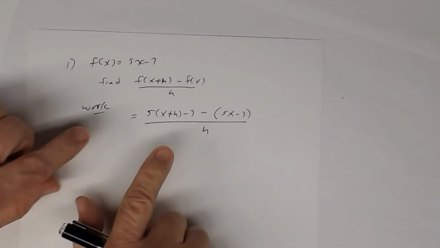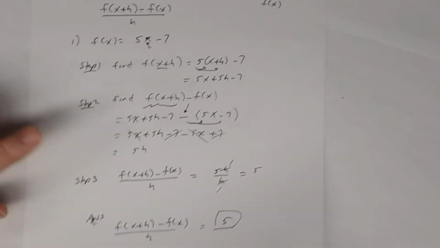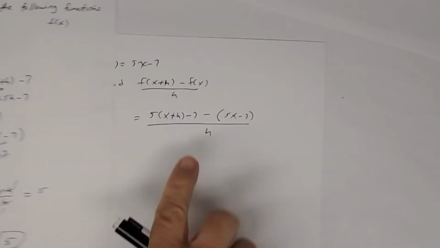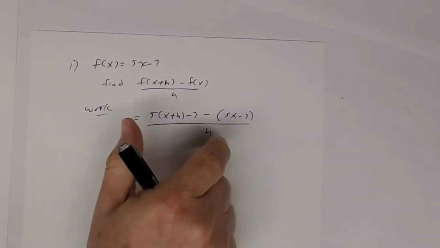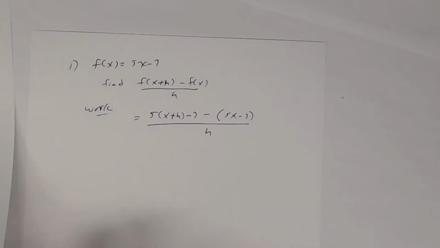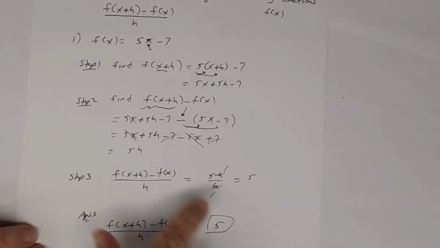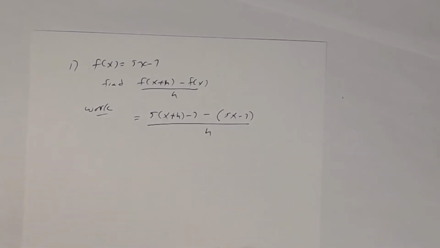So for some students, they prefer doing it this way because it breaks it down into steps. They don't like this because it puts everything together like this, so it's a little confusing the way it looks to them. To be honest with you, sometimes I prefer doing it this way, depending on the function.